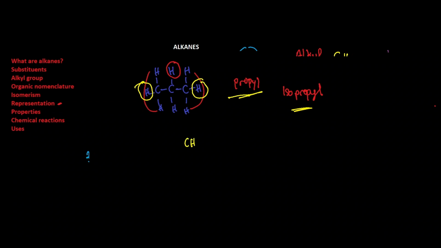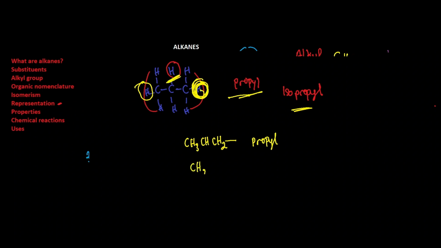So to write it as a condensed formula, if we were to have CH3CH2, meaning we're eliminating from here, and having this is going to be called propyl.